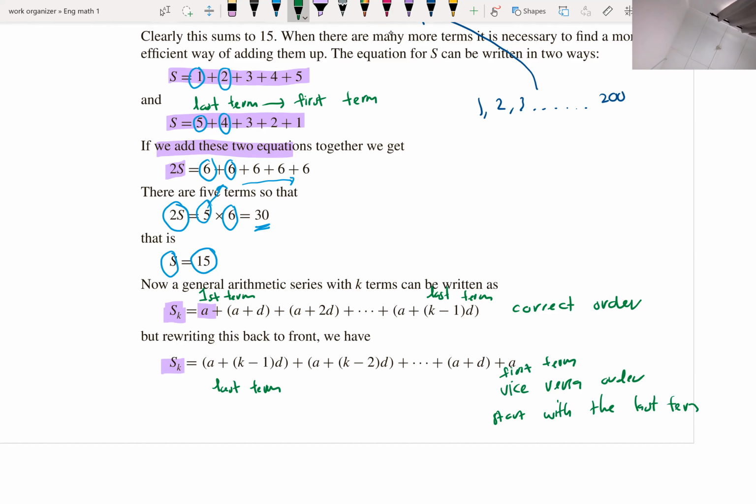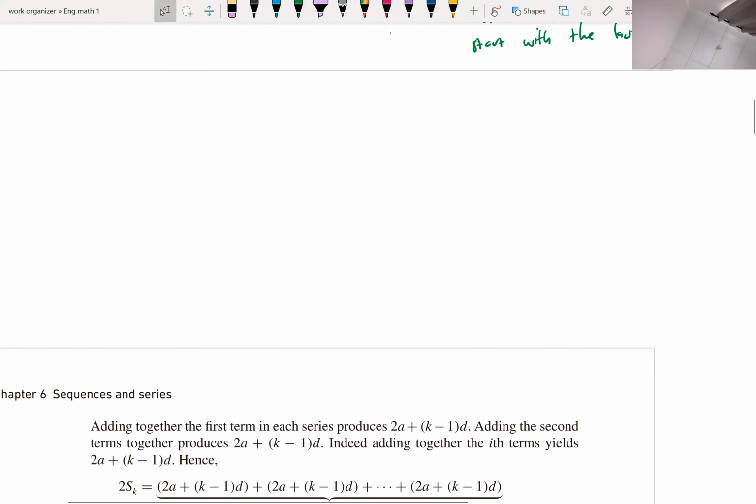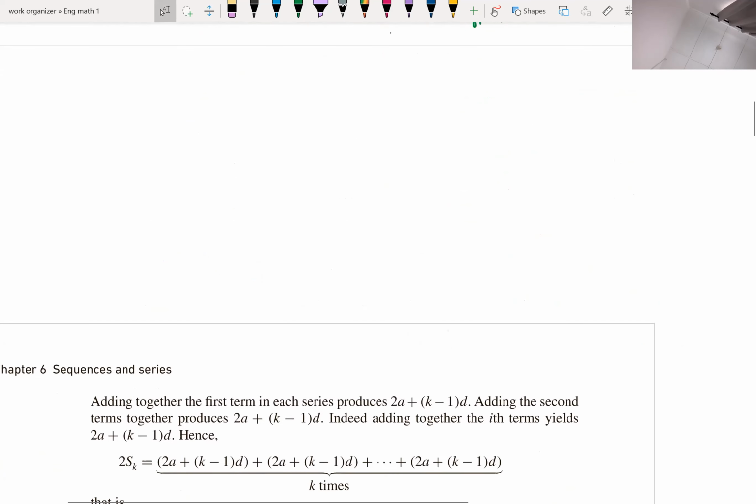So we just have to add up. We will make it closer, so it will be easier for you to have a closer look.